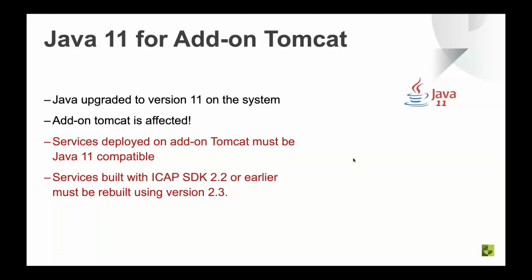And in particular, if you're building custom ICAP filters with our SDK version 2.2 or earlier, you should rebuild your service using version 2.3, because we facilitated compatibility with Java 11 and removed some dependencies that were causing problems when running on a Tomcat and Java 11. The new version of the SDK is available for download on the tech zone.